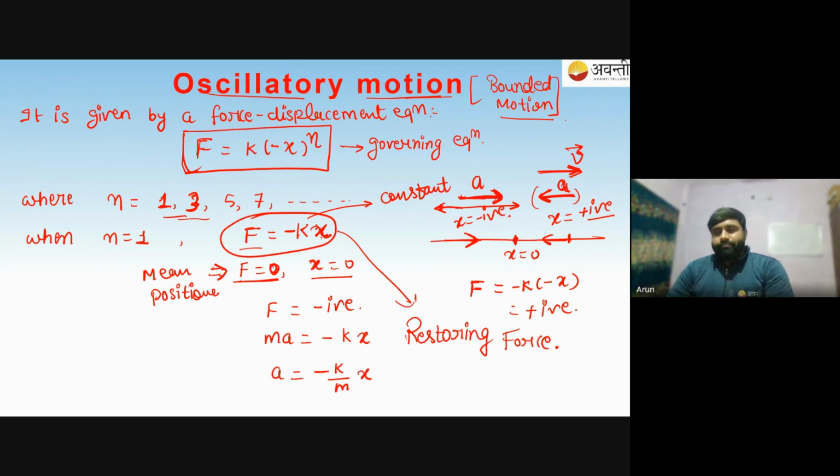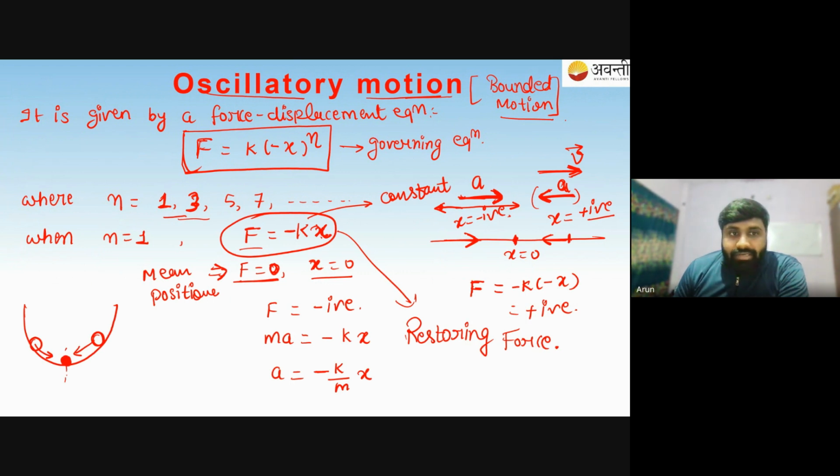Okay. For example, if this is a bowl, let's say, and here you have a metal ball, if you displace it here and leave it, what will happen to this ball? It will again come back to this position. If you displace it here, it will want to again come back to this position.